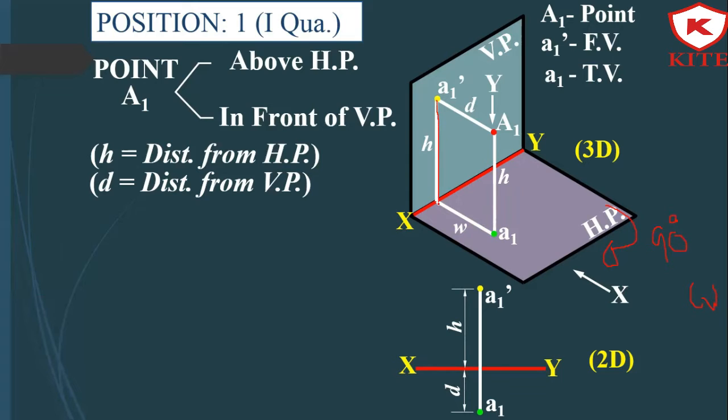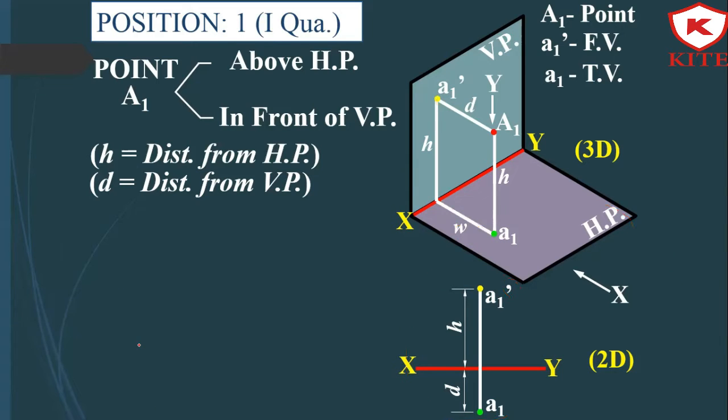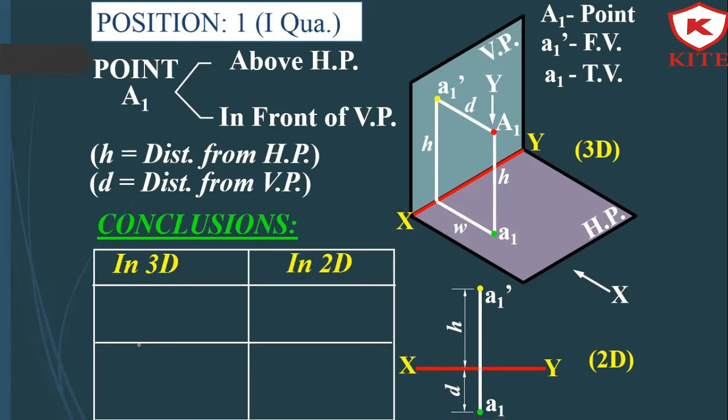After rotating by 90 degrees, we see it like this, and simply these lines are your 2D projection for the point A1. So the conclusion for quadrant 1 is, in 3D and in 2D: the point is above HP, so the front view is above XY.